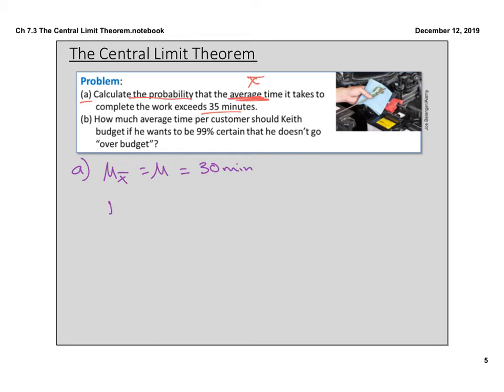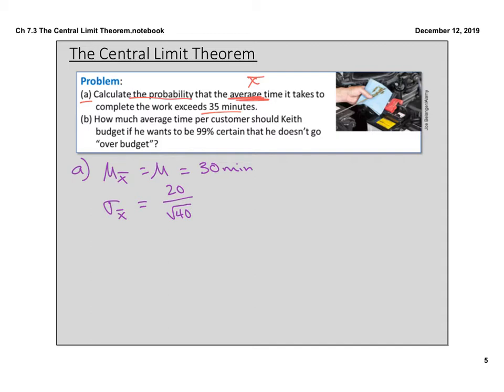Great. How about that standard deviation? So the standard deviation of the mean is going to equal the standard deviation of the population divided by the square root of n. Okay? Talk about your 10% condition. So you can keep going and calculating this, but I'm also going to pause for a second and talk about my 10% condition.